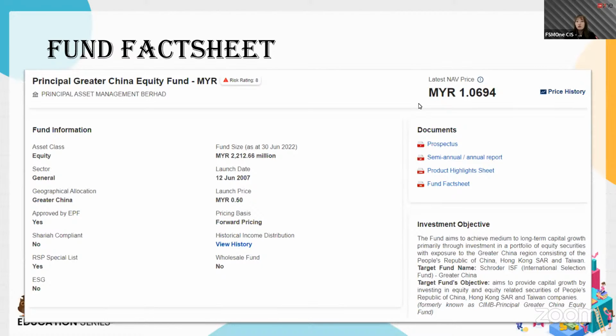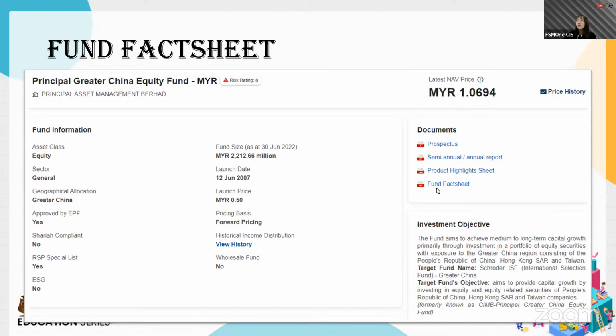You will only know the exact price that you are buying at, because the pricing basis is forward pricing. Next, you can look at each of the documents disclosed by this fund, whereby you can find the prospectus, the annual report, the product highlight sheet, and also the fund fact sheet.